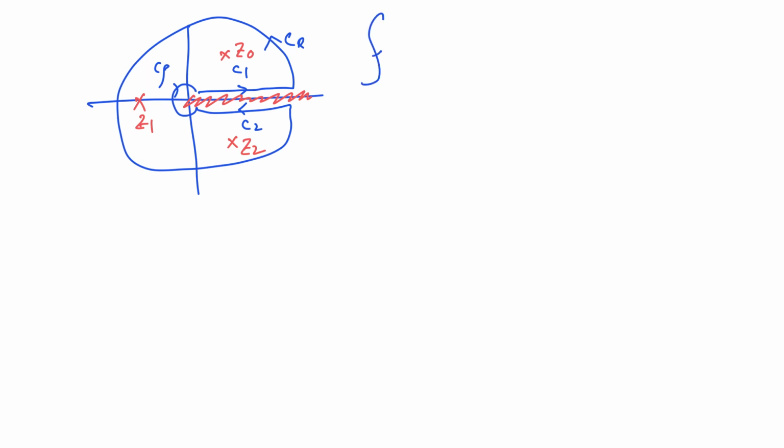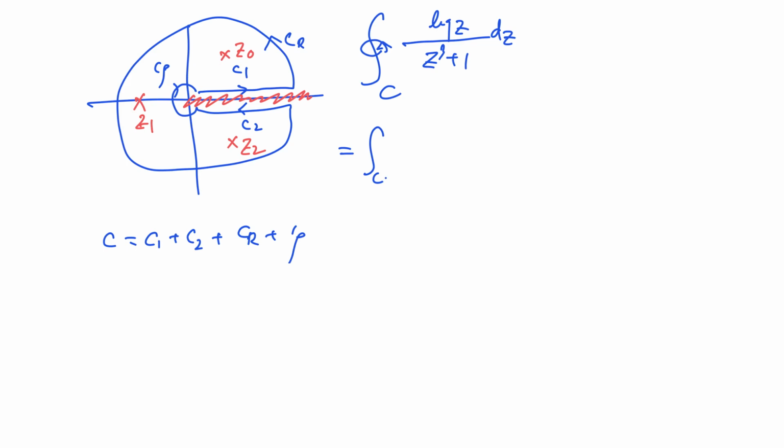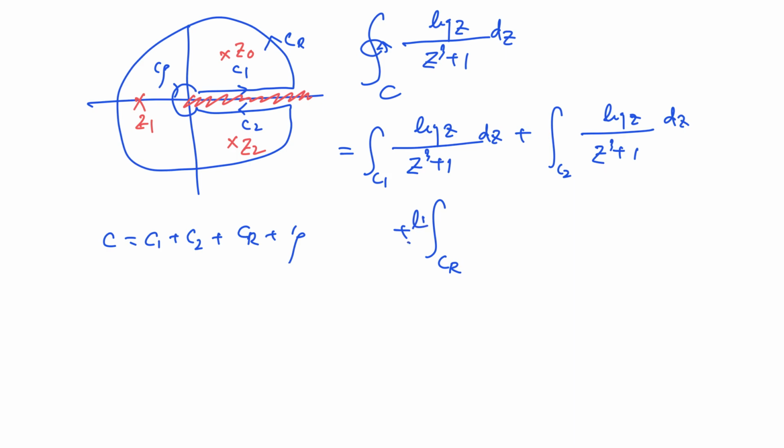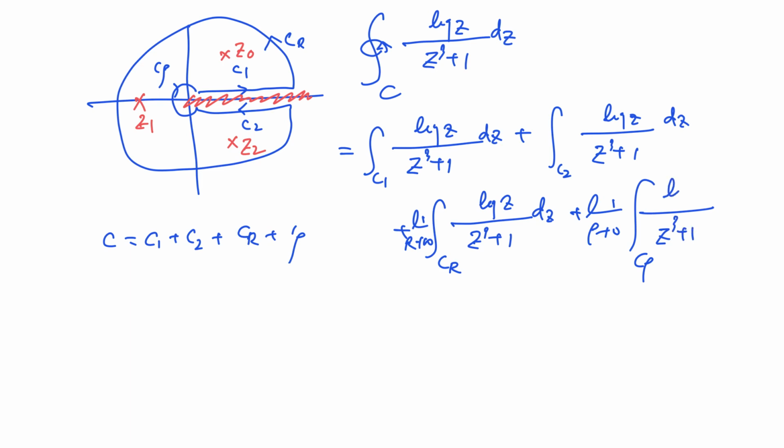So this closed integral over C is C1, C2, CR plus 0, the integral of log Z over Z cubed plus 1 dZ over C1, over C2, over CR as R goes to infinity, plus the integral over the small circle as the radius goes to 0.